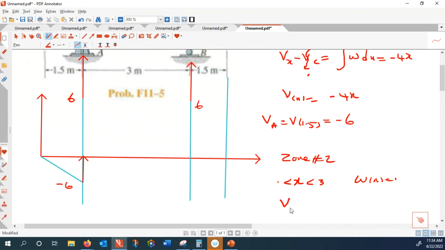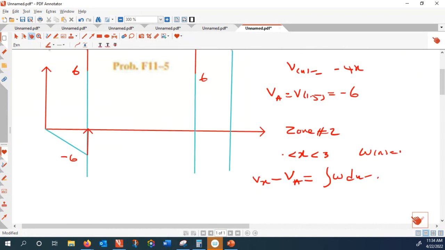So V of X minus V of A is equal to the integral of W dx, which is 0. Therefore, V of X is equal to 0. So that means between A and B, the shear is 0.